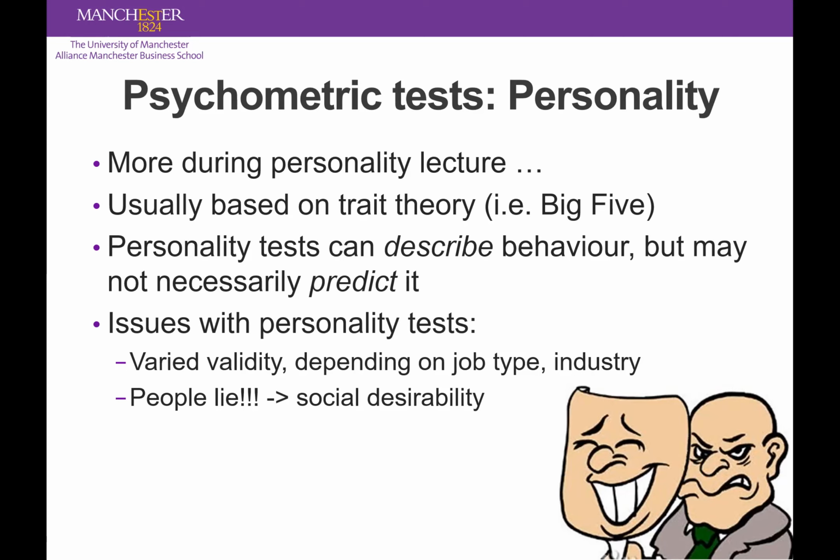We cannot be 100% sure to what extent we can accurately predict their behavior in the future. Because most of the time, people will lie. And so, in some cases, organizations will also consider using the social desirability test together with the personality test, to see whether the candidates are lying.